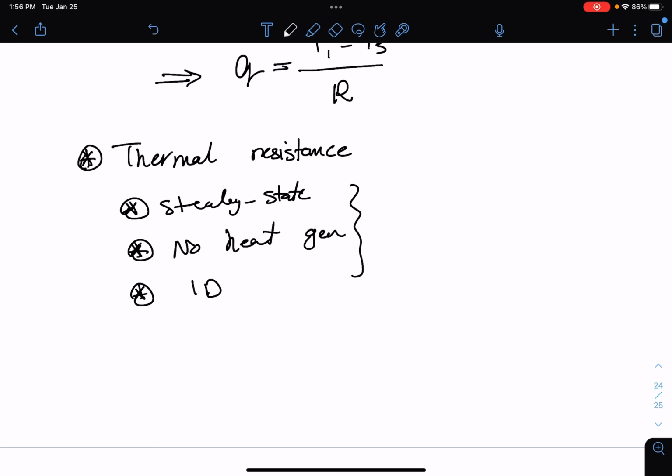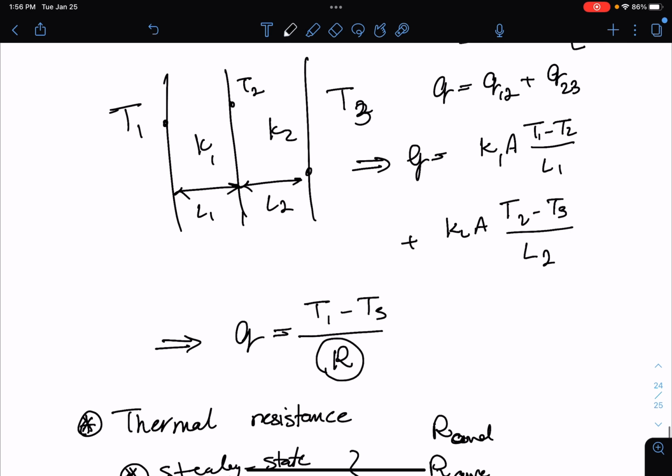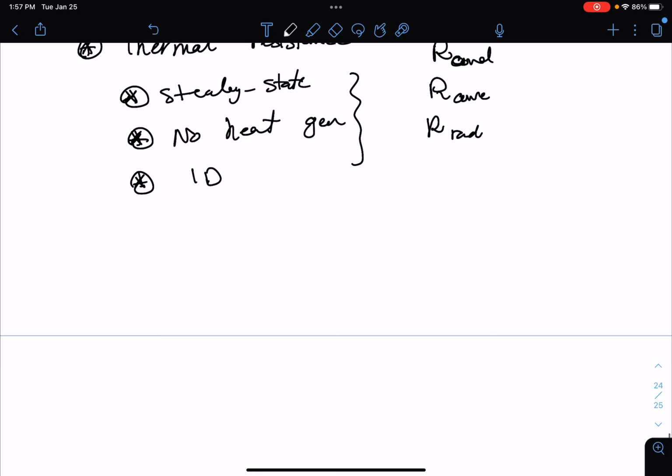Okay. Well, how can we find this resistance? Of course, we have different types of resistance. We have conduction, convection, and radiation resistance. Right now, for these two walls, we are only looking at conduction, I'm sorry.